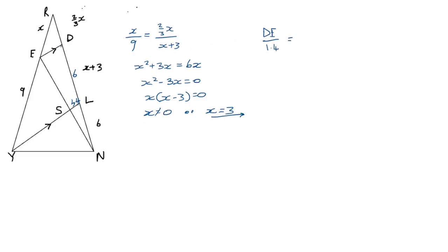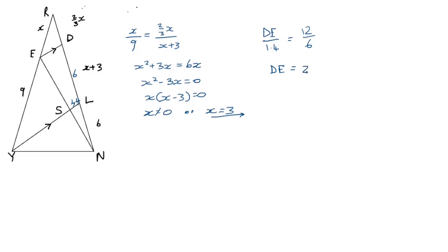So DE represented the entire side of this triangle, so therefore I must use the entire side, so that's 12 over the top little bit. And if I times that 1.4 up to the top, 12 over 6 is 2.